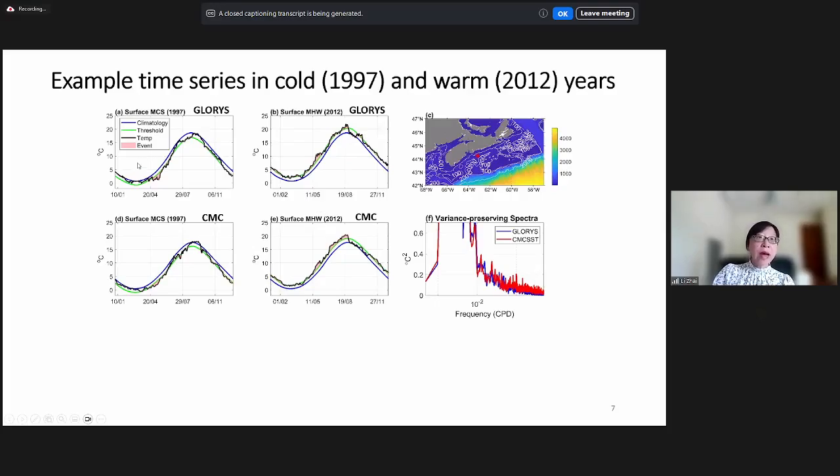The left 2 panels show the surface temperature time series from GLORYS on the top and from CMC SST on the bottom. Clearly you can see there are some cold events in spring and some cold events in winter, all captured very well by GLORYS.